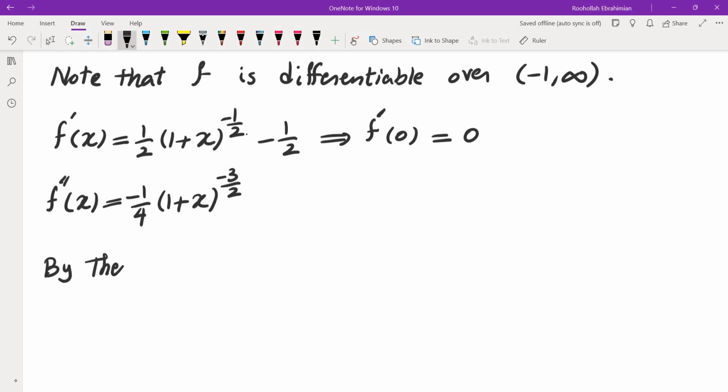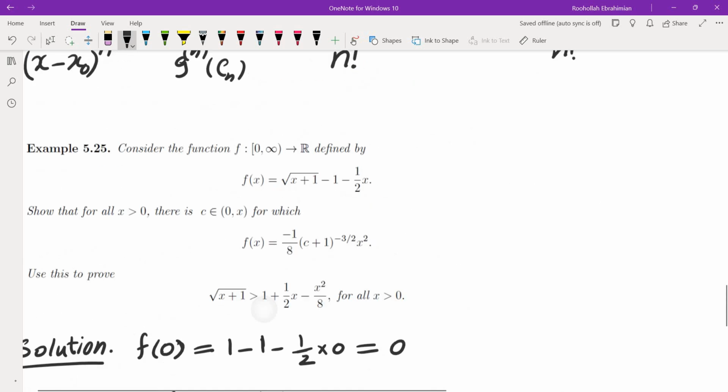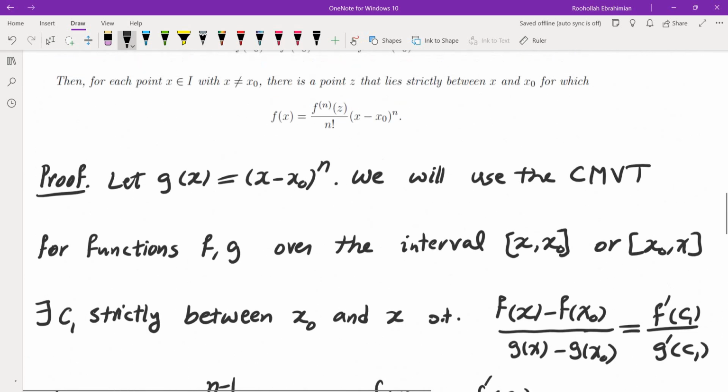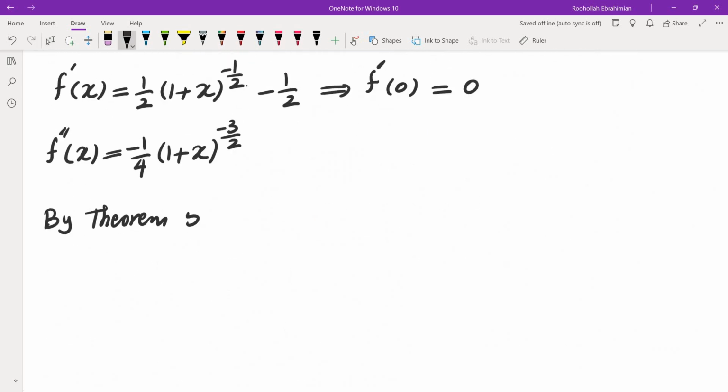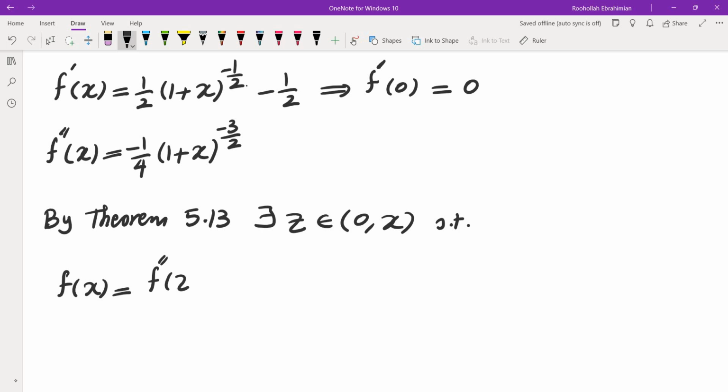By the theorem that we just proved, 5.13, there is some z between 0 and x such that f of x is equal to f double prime of z over 2 factorial times (x minus x naught) squared.